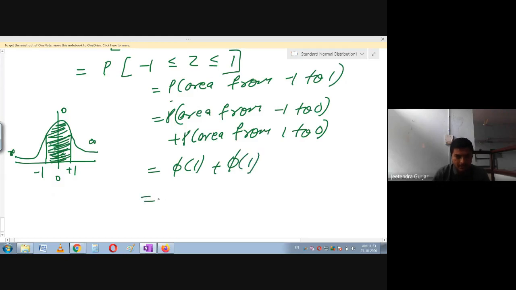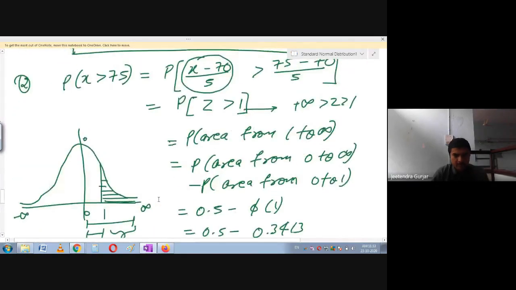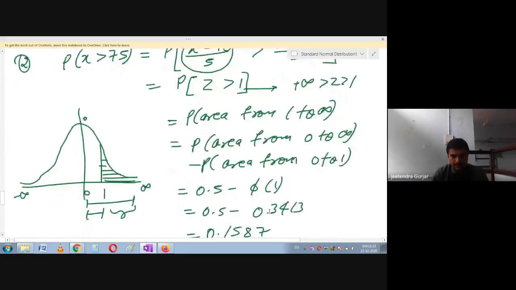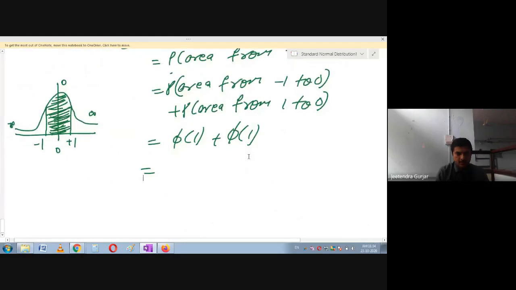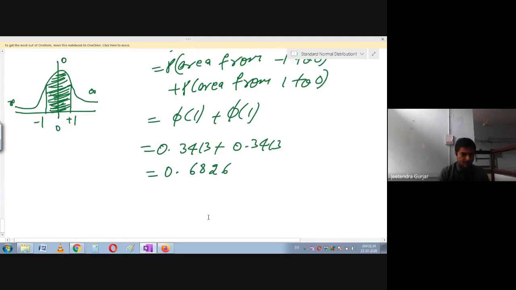You have already calculated phi of 1, student. Phi of 1 is nothing but how much did you get here? Yes, it is 0.3413. Just take 0.3413 plus 0.3413. If you add this, you are going to get the value 0.6826, students. And yes, I made a mistake, it is out of 1000.